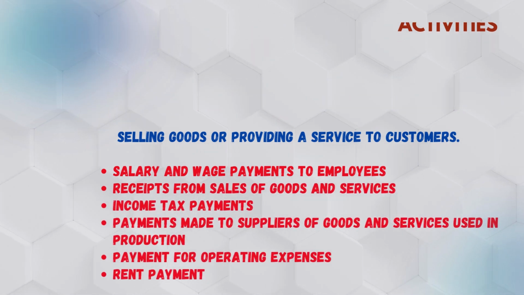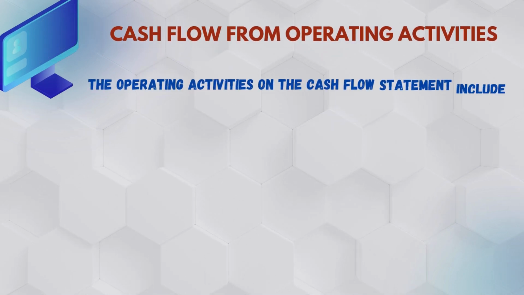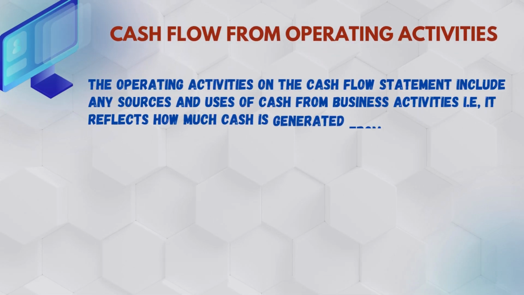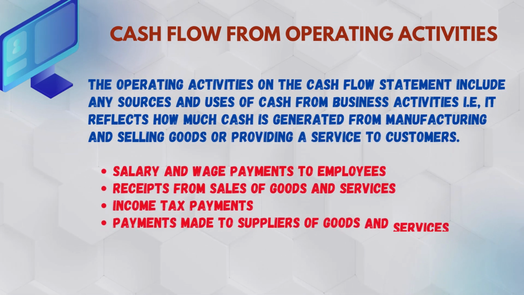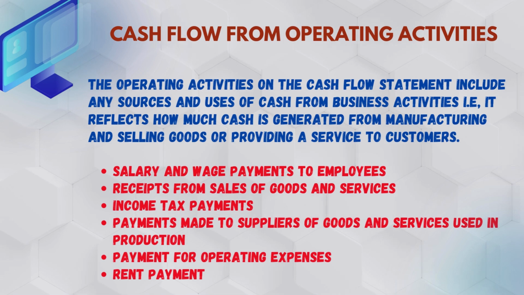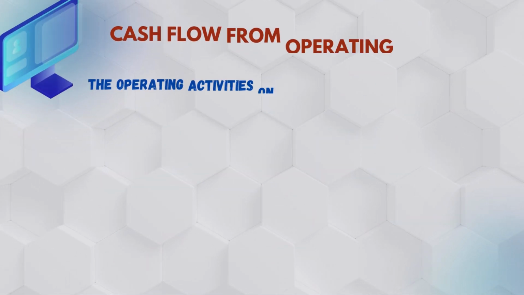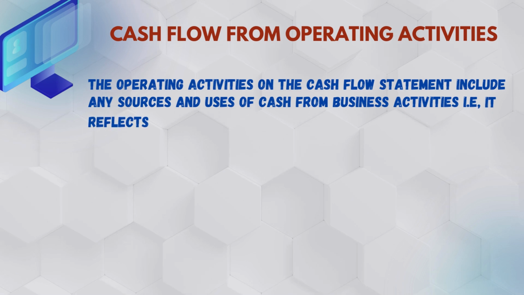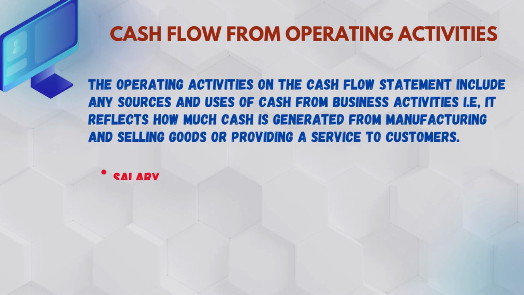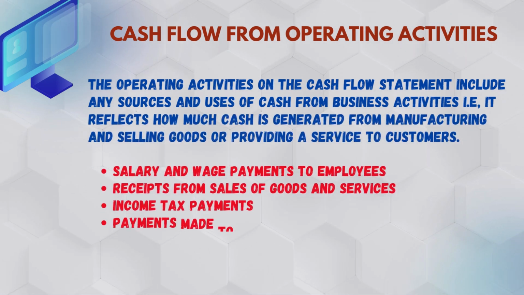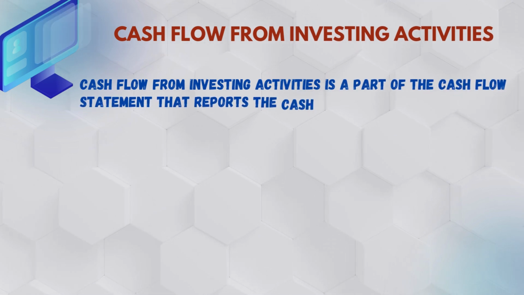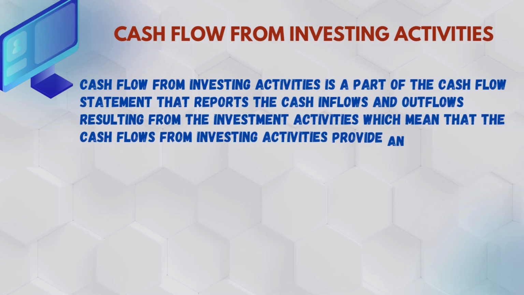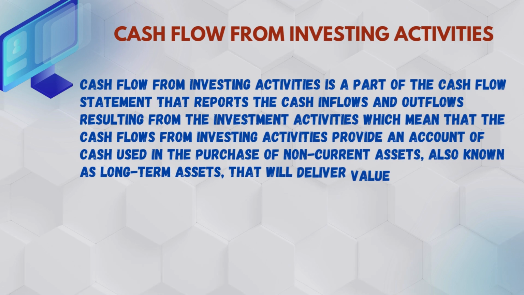We can find within this section salary and wage payments to employees, money received from sales of goods and services, income tax payments, payments made to suppliers of goods and services used in production, payment for operating expenses and rent payment, and so on.